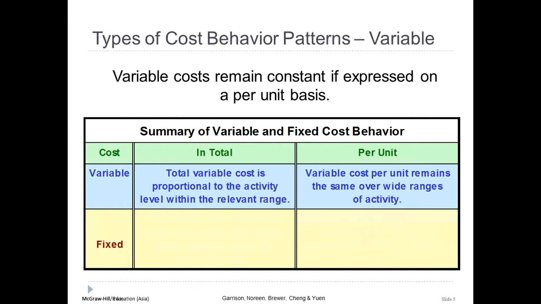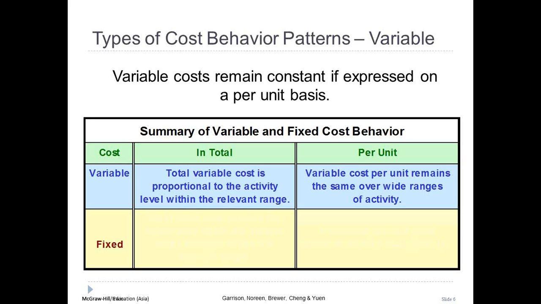Now, moving on, we look at variable costs in total and per unit. And many people get confused once we start going into this level of detail. So let's see what we mean. The variable cost per unit remains the same over wide ranges of activity. Well, what does this mean? We just talked about the cell phone example. The old cell phones used to work at 10 cents for every 1 minute.